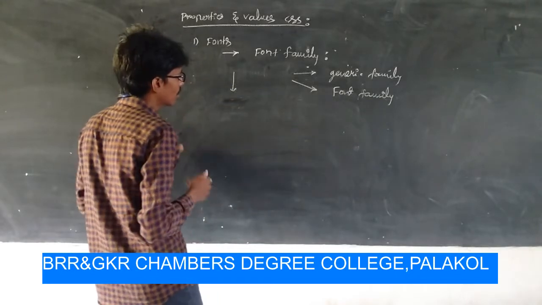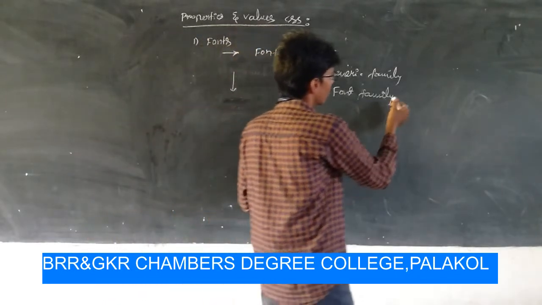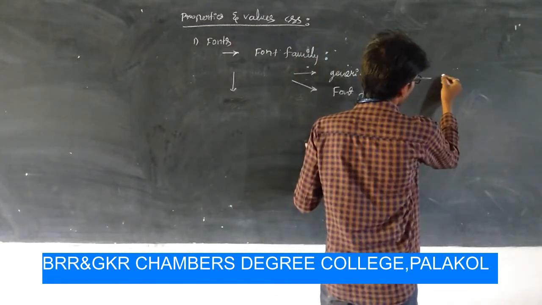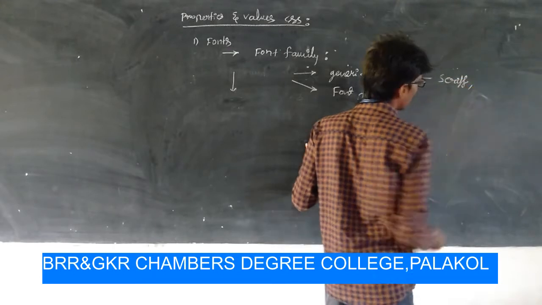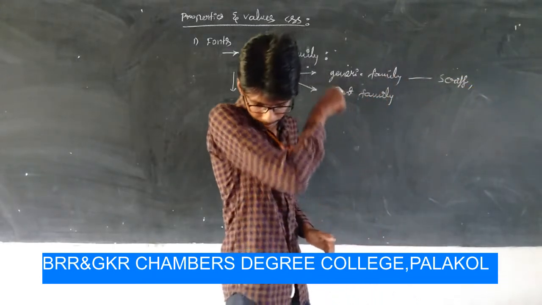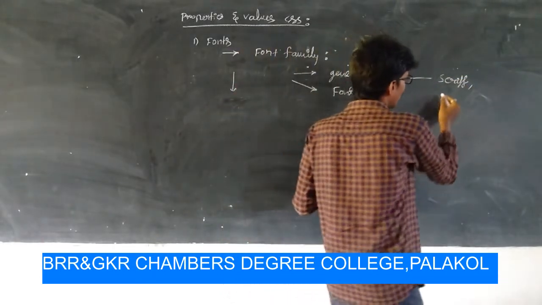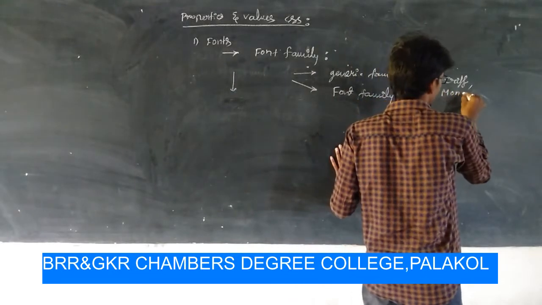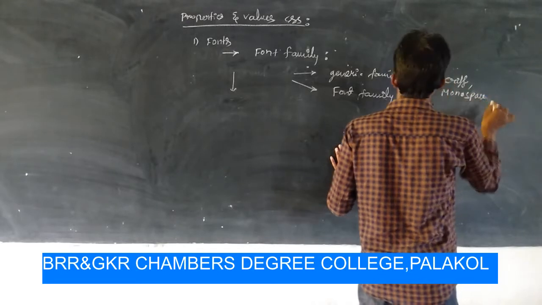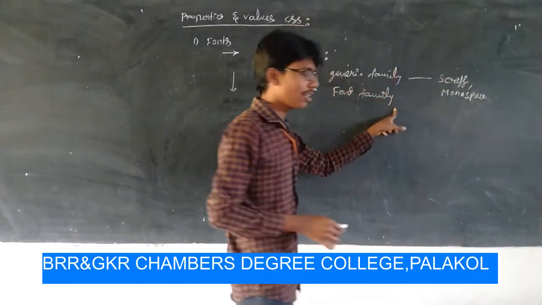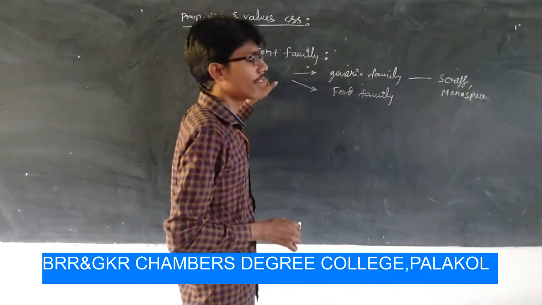For example, there is a list of generic families, that is serif and monospace. These are the different generic family values available in font family.